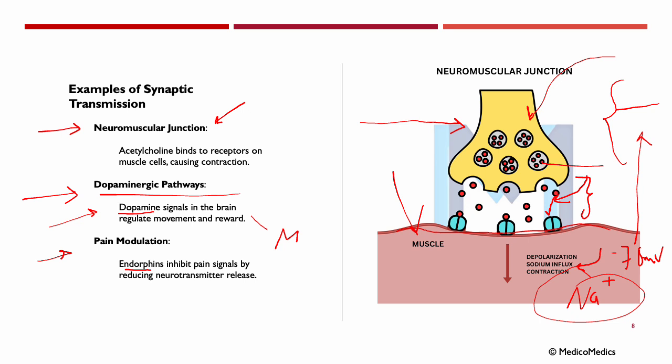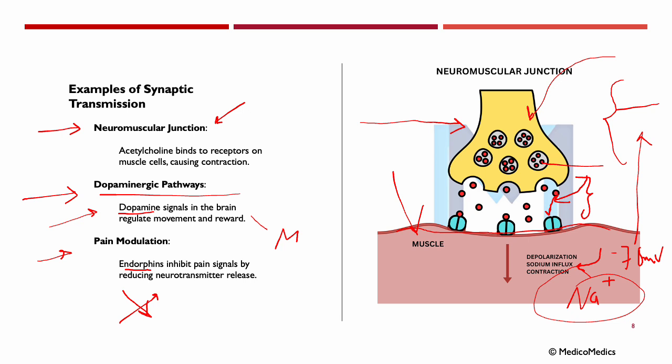So by reducing neurotransmitter release at the synapse, endorphins help decrease or dampen pain signals, which leads to reduced pain perception and therefore increased tolerance. And this is seen, for example, in stress-induced analgesia or the effects of opioid drugs like morphine.